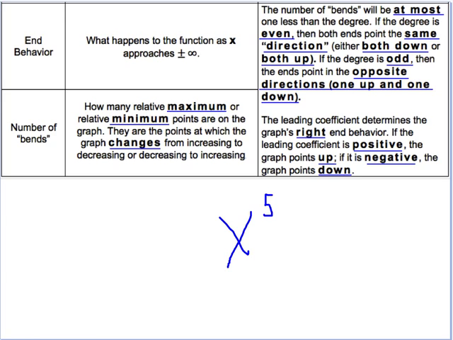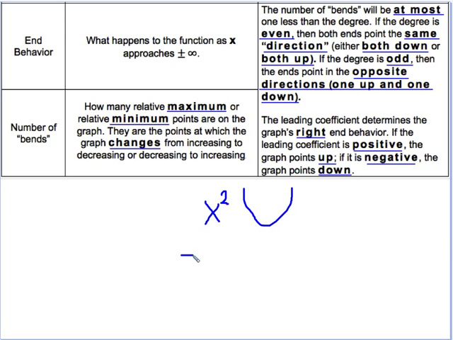But then, if our degree is even, both endpoints point the same direction. They either both point up or they both point down. If our degree is odd, then the endpoints point in opposite directions. For instance, for our quadratic, if I have x squared, my graph would look like this, where both endpoints are pointing up.